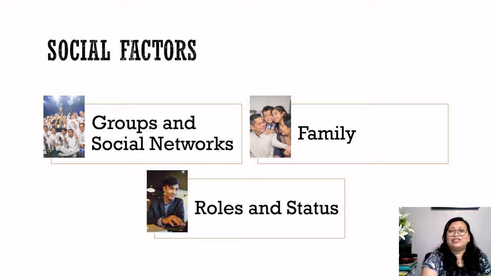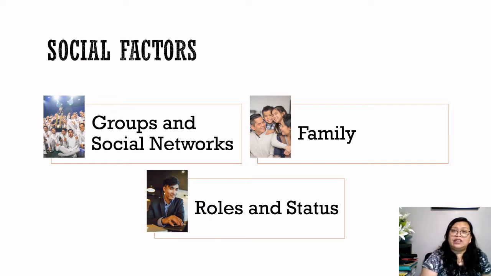The next factors are roles and status. We all belong to many groups. We have family, we have clubs, organizations, online communities. Now, when we belong to these many groups, our position in each group can be defined in terms of both role and status. A role consists of the activities people are expected to perform according to the people around them.